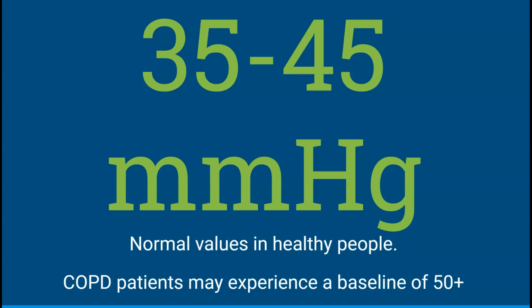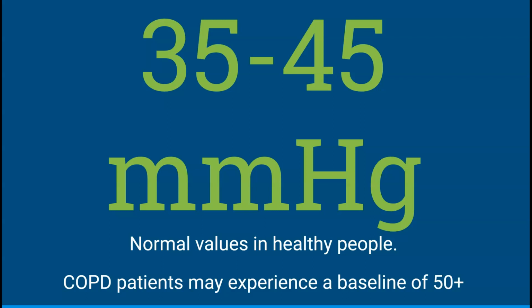It also correlates with your normal pH, right? Your normal pH in the body is 7.35 to 7.45, okay? This is for a healthy person. We talked about how hypoxic drive is kind of how COPD patients live. So this is not necessarily going to be what you see when you have a COPD patient.